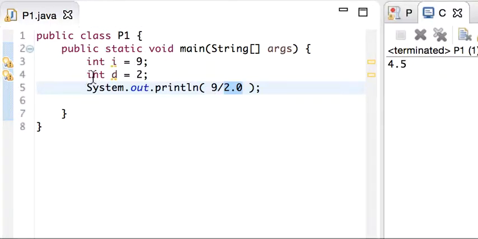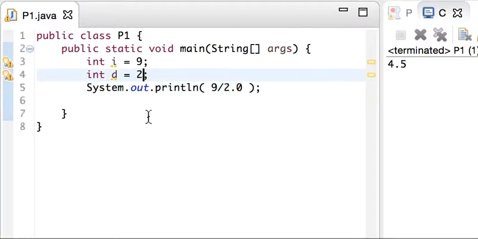The other thing is, if you do this with 2.7, this does not work, because d is an integer, but this is not an integer, this is a double. So if I do this, no, I'm sorry, not double, integer. In this case, this highlighted part is 2.